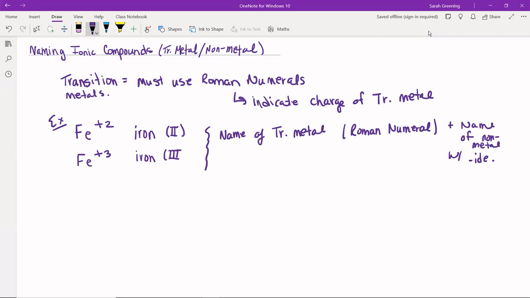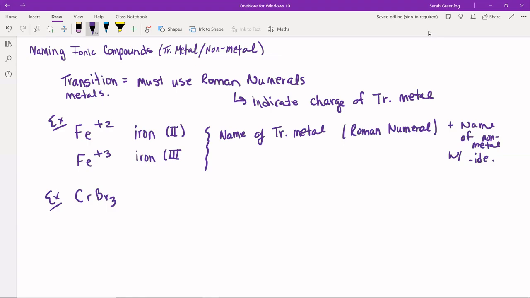So, for an example, we're going to come up with a name for CrBr3. In a previous video, I alluded to when you have transition metals, because a transition metal can change its charge depending on what it's paired with, it's really important that we figure out what that charge is.